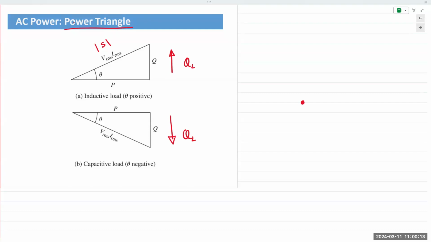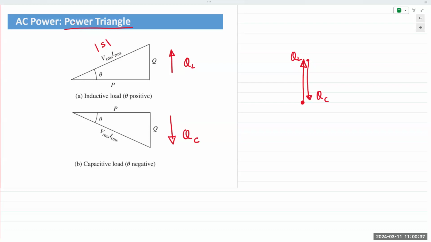If QL is positive and you add a capacitor reactive power, it's a complex quantity, meaning you take the phase angles into account. QC, sorry, that's QC, not QL.